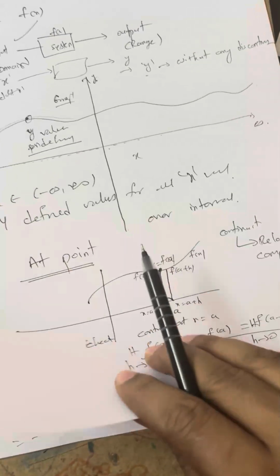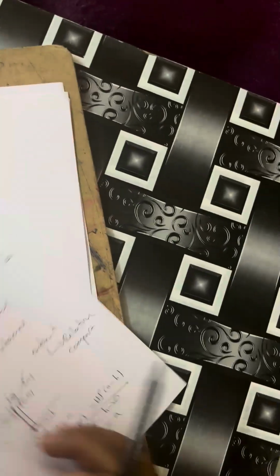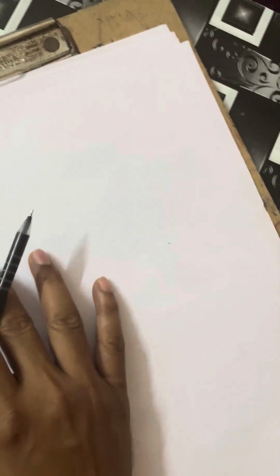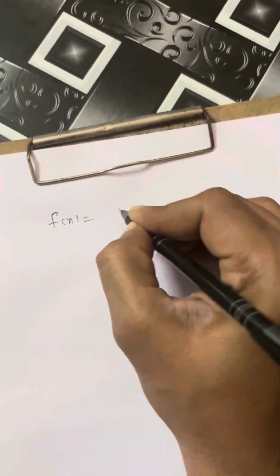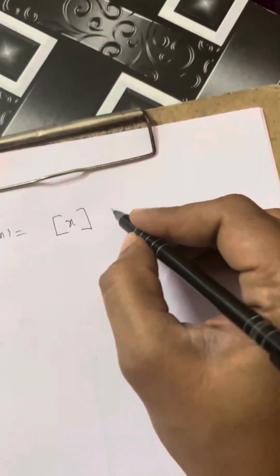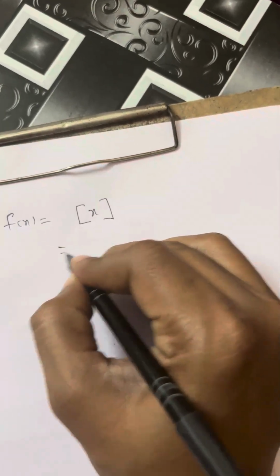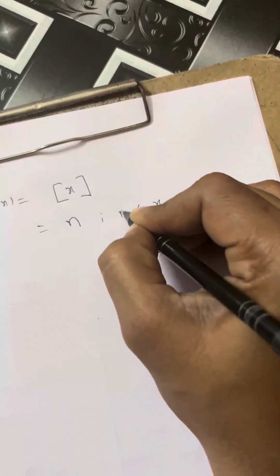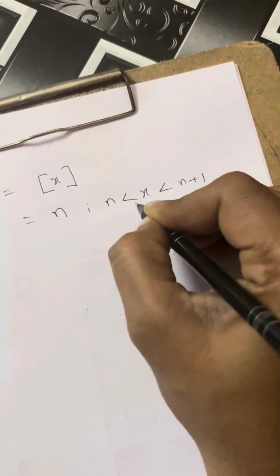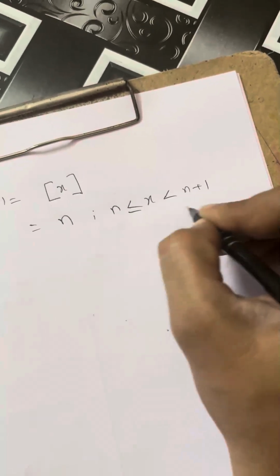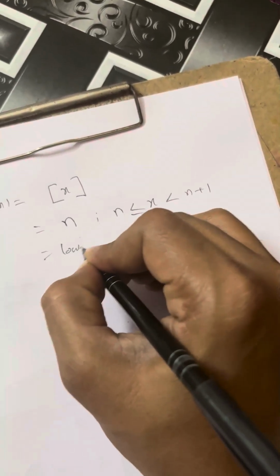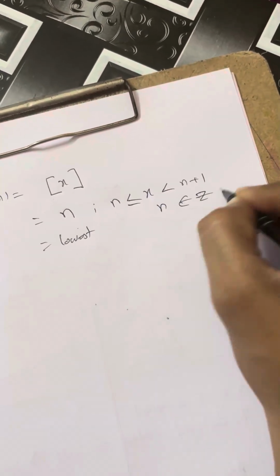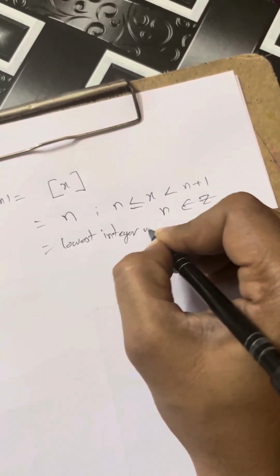Okay, so let me explain this concept with an example. Let me take the function f of x is equal to step x. What is step x? It takes the value of n when x lies between n and n plus 1, where n belongs to integers, the lowest integer value.